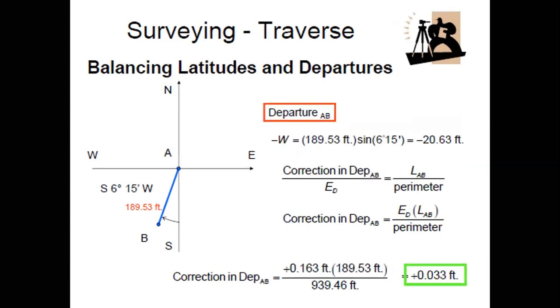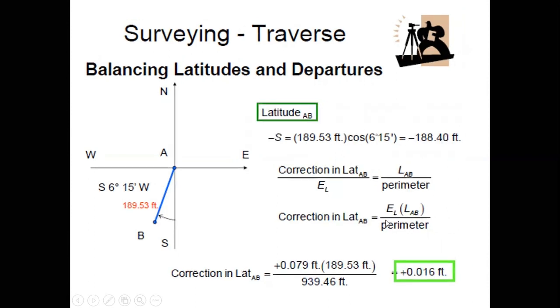Next, consider the departure of the first line segment AB. This time we're after the component along the east-west direction. Using the sine function, sine of the angle is equivalent to the departure of the line segment AB over the length. The sign here is negative since from point A to point B, this is going to the left, so negative 20.63. Then apply the formula: the error in the departure of the line segment AB is equivalent to the total error in the departure times the length of the line segment AB over the perimeter.